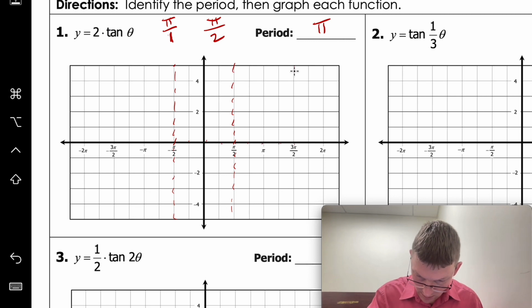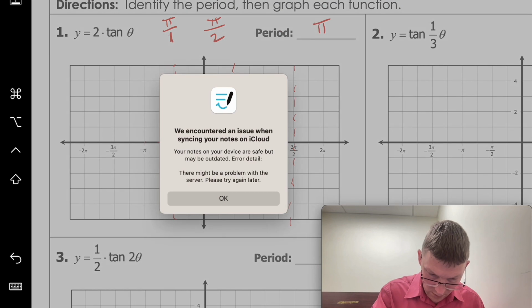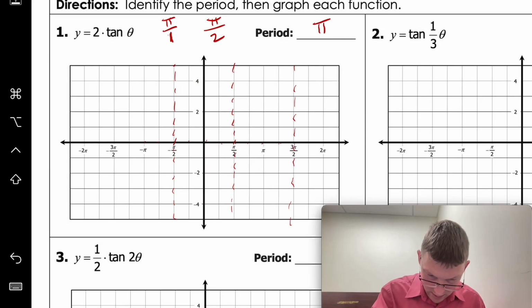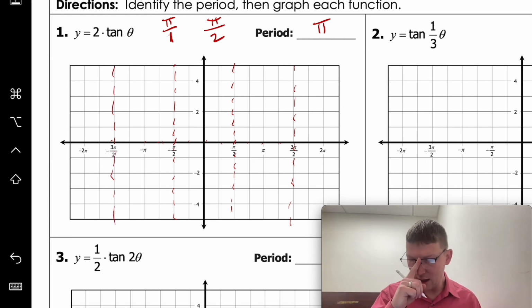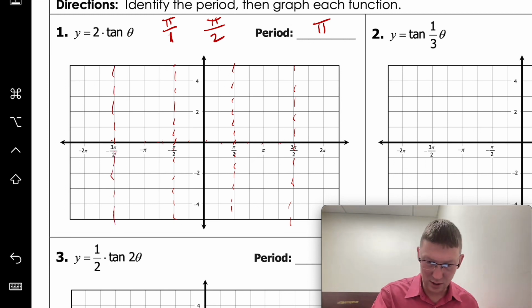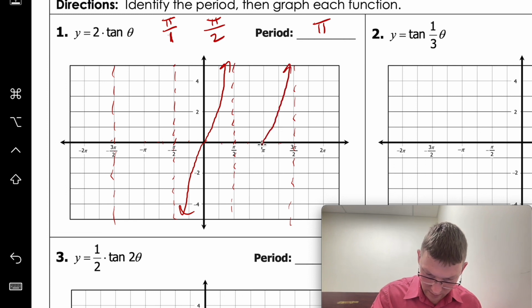Put another asymptote. 1, 2, 3, 4. Then again, like I said, we're going to stretch the graph just a little bit, so it's going to kind of look like this. And then this is our tangent graph.